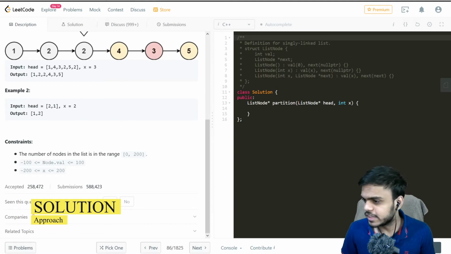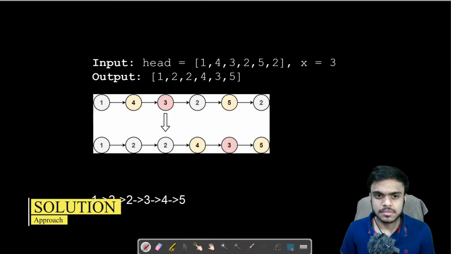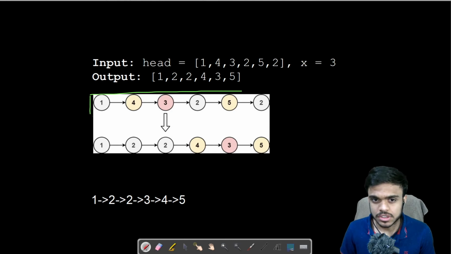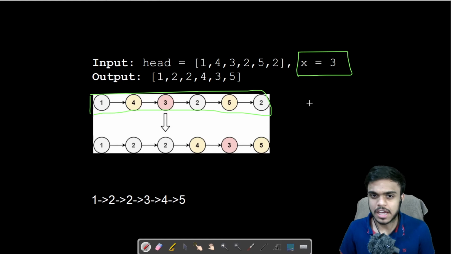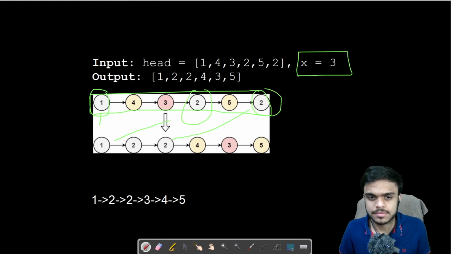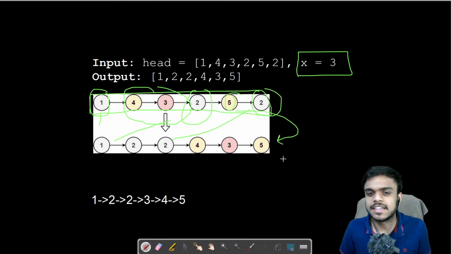If we take the first example, this is the linked list that we are given, and this is the element that we have to partition around. In this complete operation, we are just doing two things. The first is finding the elements which are smaller while iterating and putting them at the front. The second is taking the remaining elements and attaching them at the end.